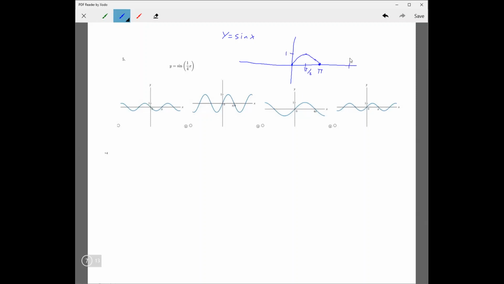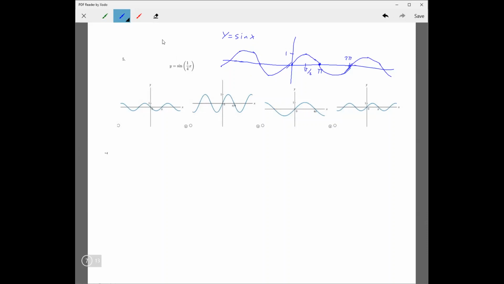And between pi and 2 pi it goes like that. It's just a wave. Okay, so that's the sine.